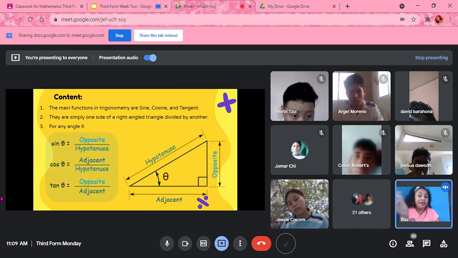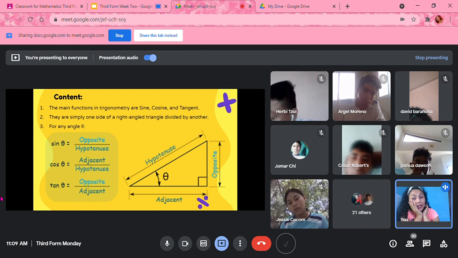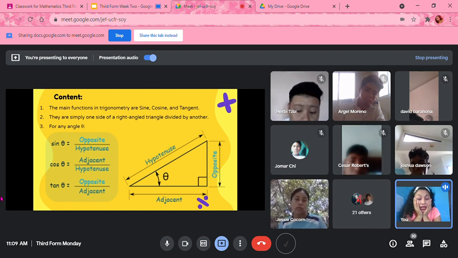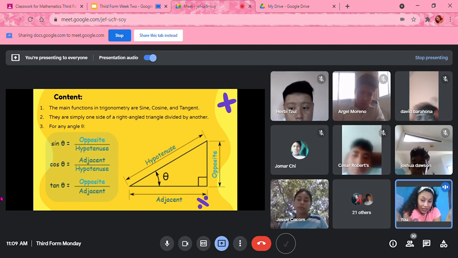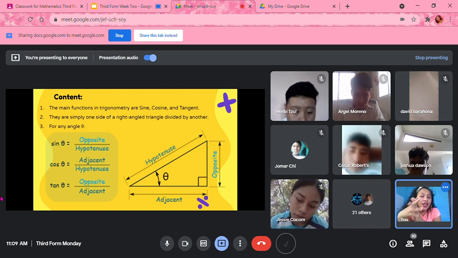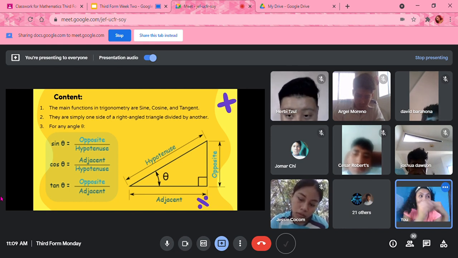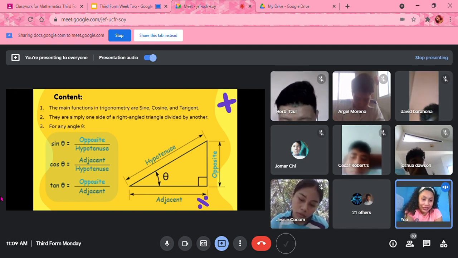So here I have the formulas. If you didn't get a chance to write it with the video, and these are important, this is going to be the foundation. You have to know by heart what is sine, what is cosine, what is tangent, because everything that we're going to do after this is going to use those three formulas. All right?